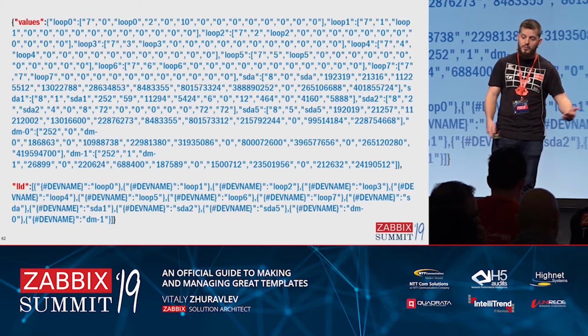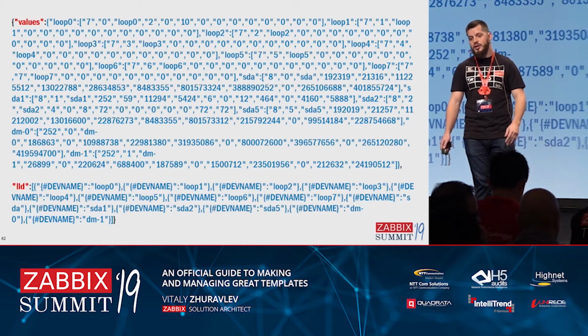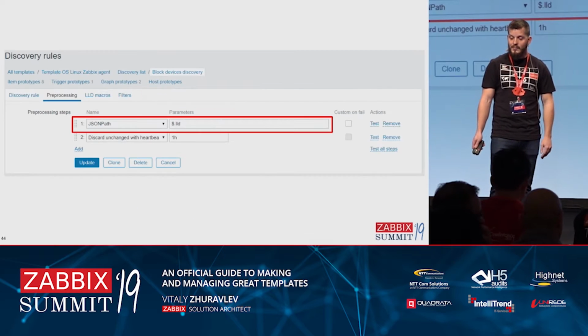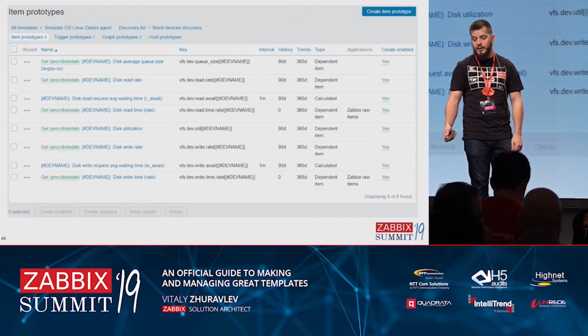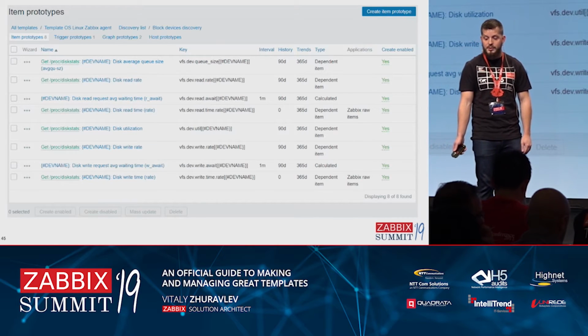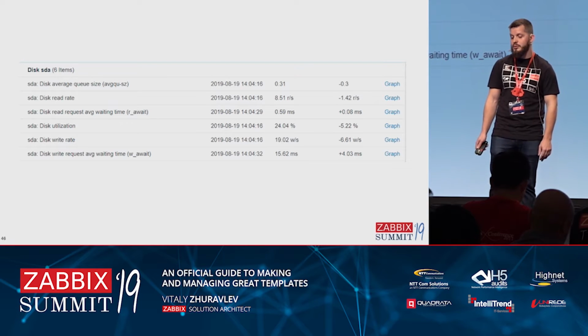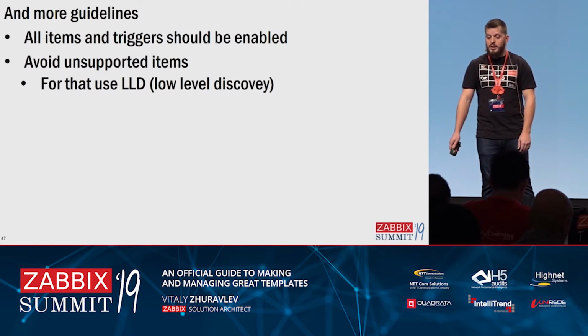So you transform that text that we've seen before to that JSON that can be used again in a discovery rule, where we would get the LLD part of it, and then again here are your item prototypes and the final result, and again no external dependencies here. Let's move on.